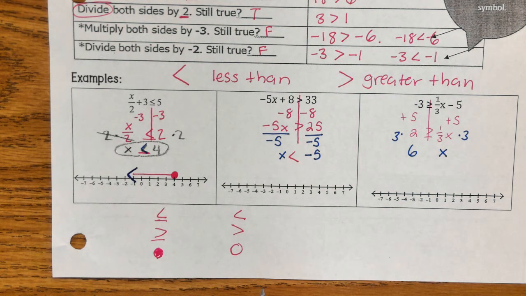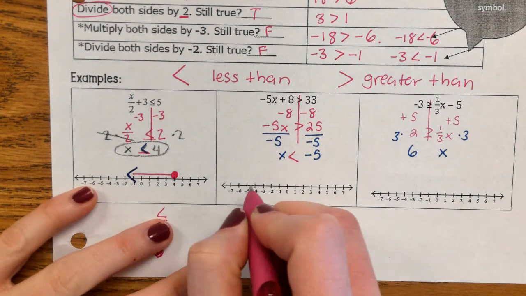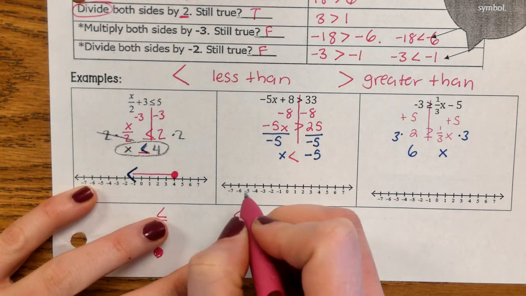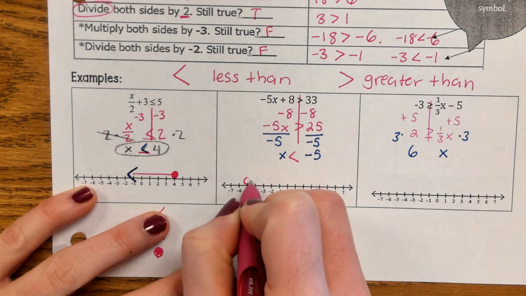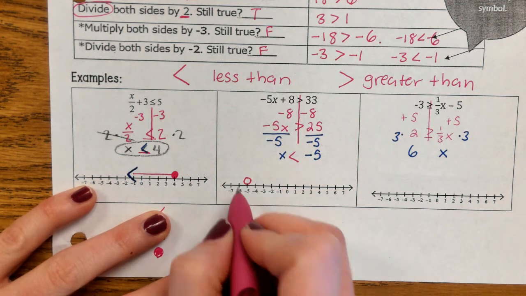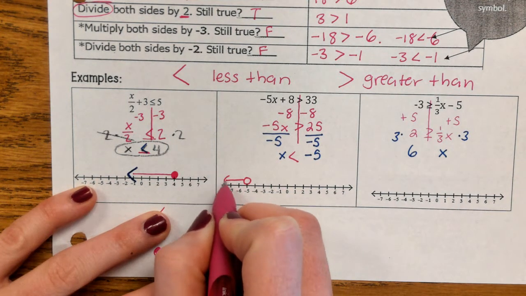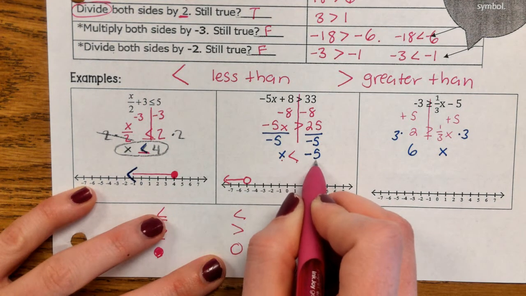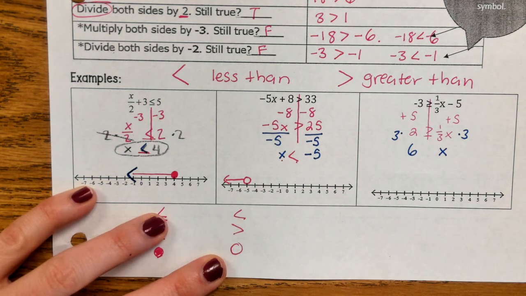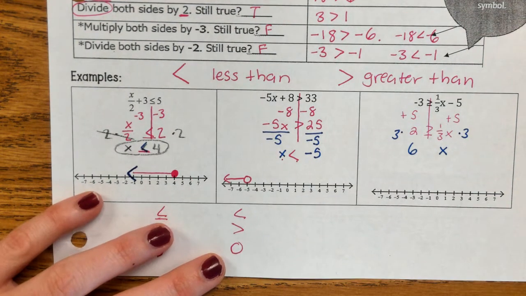Because we are multiplying or dividing by a negative number. So, is it an open or closed circle? Open circle. Does it go to the left or the right? To the left. X is less than negative 5. So x are the smaller numbers, things smaller than negative 5.